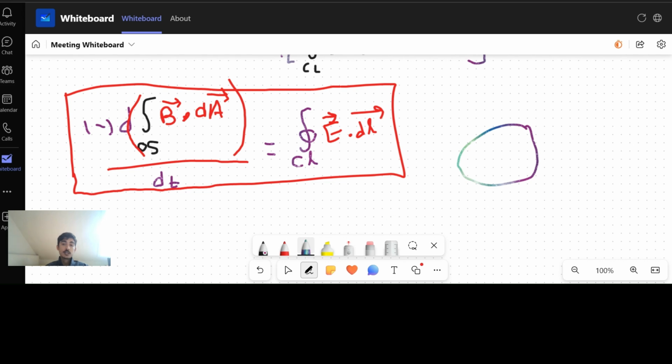That means that loop must be associated with the surface through which flux is changing. Only then it is valid. So this is basically Faraday's law of electromagnetic induction.